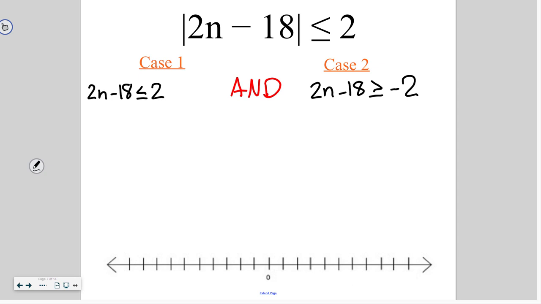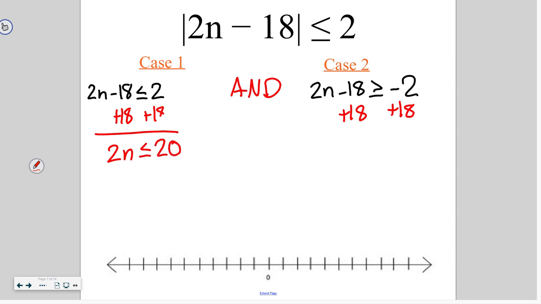I really recommend that you take the time and do this step so that you know the two inequalities that you are looking at. The next thing you're going to want to do to solve both of them is add 18 to both sides. So for case 1, I've got 2n is less than or equal to 20.